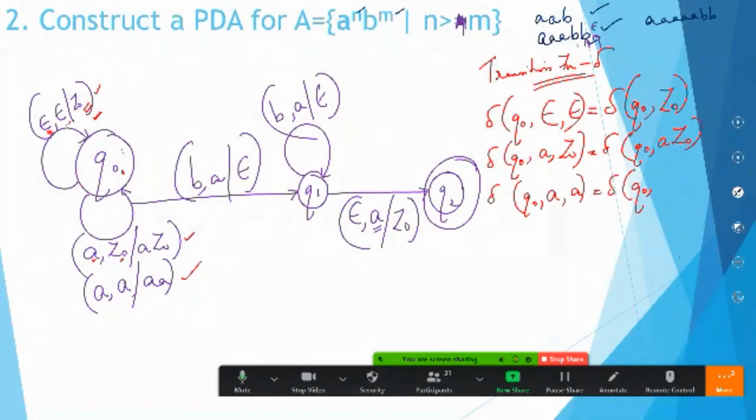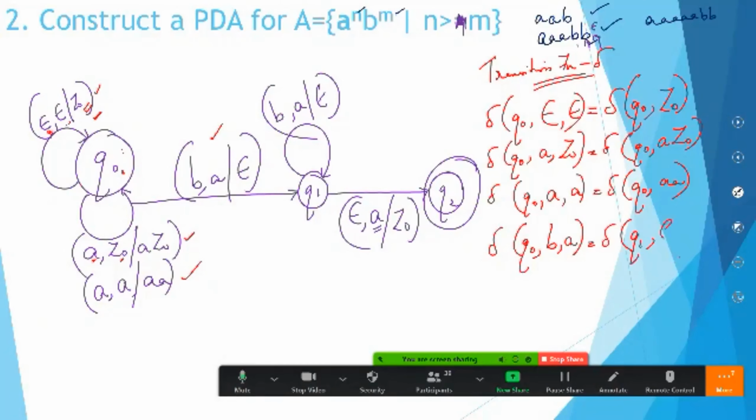I'm not having a change, Q0. And my top of the stack is AA. So I've written for that. Now I'll write for this particular transition. Delta. I was in Q0. I encountered a B. My top of the stack was A. And when I encounter this, I am now changing into Q1.